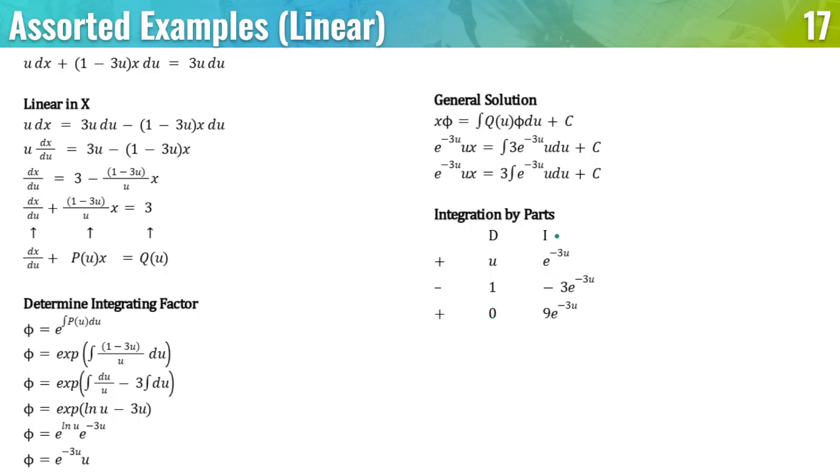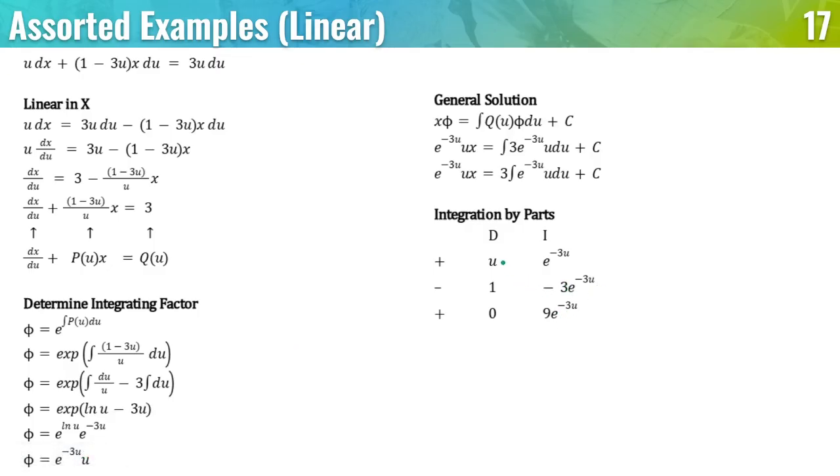And then we do the integrals. Again, when you do the integrals, don't forget the chain rule inside. So when you do the chain rule inside, it's going to be this one. You keep this times the derivative of negative 3u, which is negative 3. And then you do that again. This one is kept, and then times negative 3 again. Times negative 3, it's going to become positive 9e raised to the negative 3u.